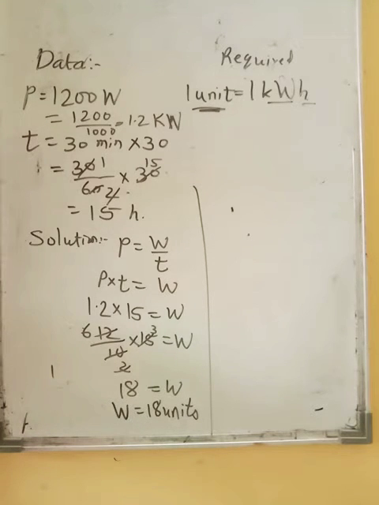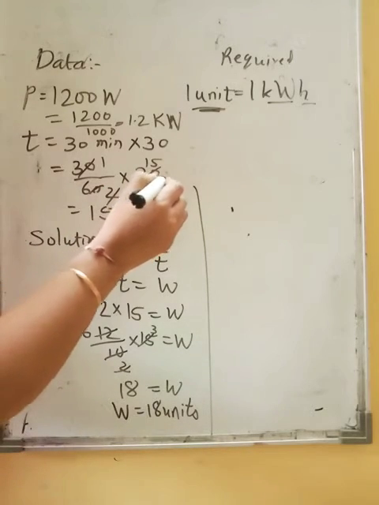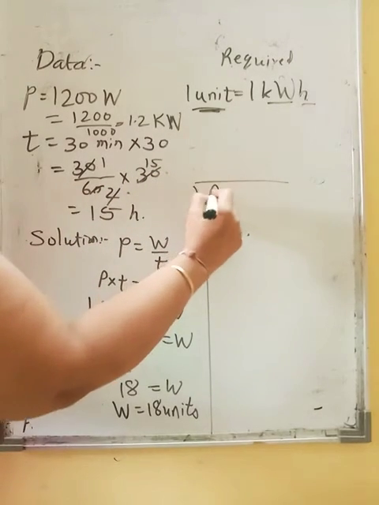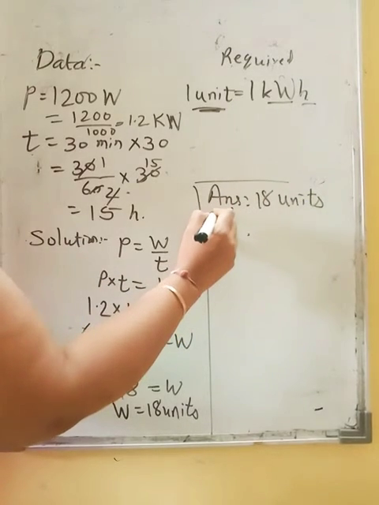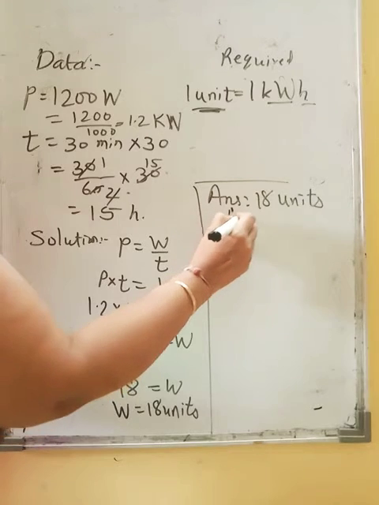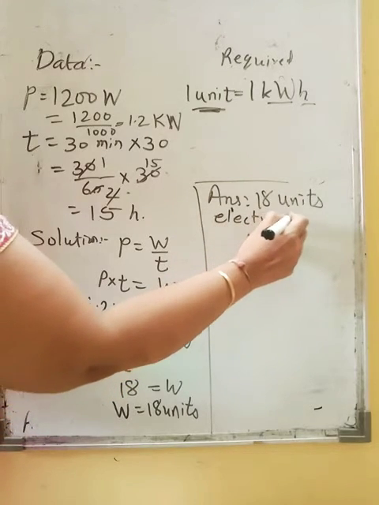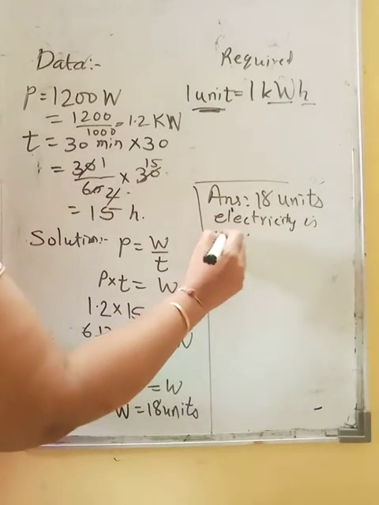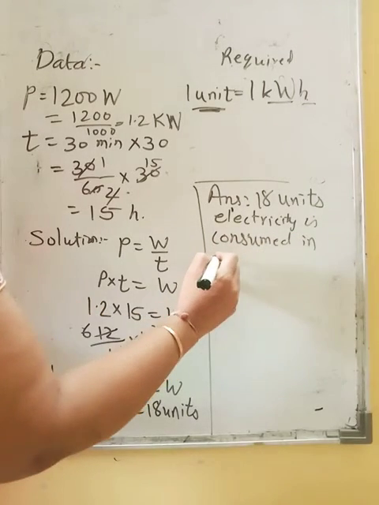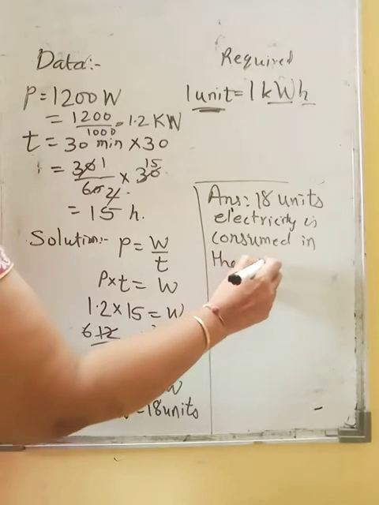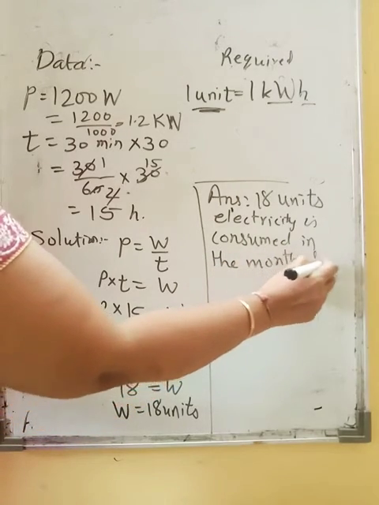Electric consumption is always in units. So we can write the answer: 18 units of electricity is consumed in the month of April.